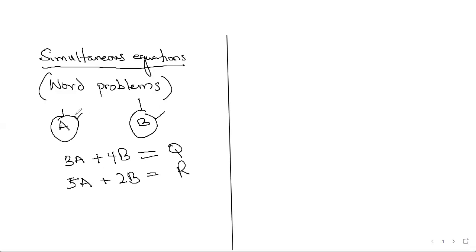How much will I pay for one item A and one item B if I want to buy them? That kind of problem will lead you to simultaneous equations.